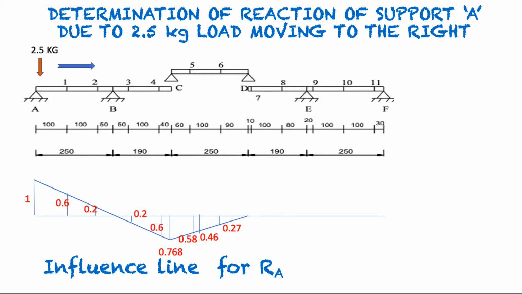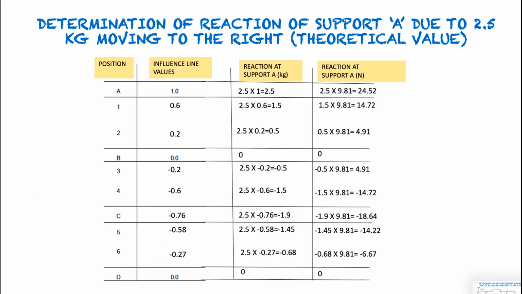So from these influence lines, we can easily get RA by multiplying the load with the ordinate at the load position. For example, to determine the support A reaction, after we have the influence line ordinate for each position of load, it is easier if we put it in a table as shown here.